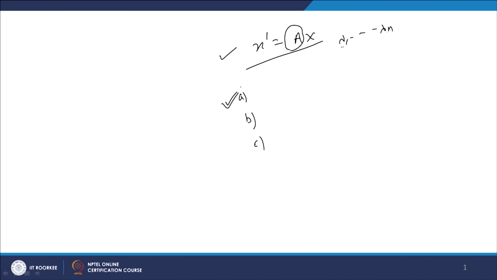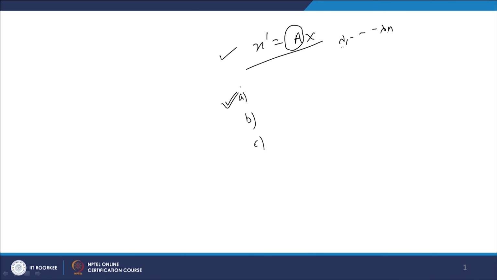And if the algebraic multiplicity of any eigenvalue with 0 real part is strictly greater than the geometric multiplicity corresponding to that eigenvalue, then any solution of x dash equal to Ax is going to be an unstable solution. So, we have discussed part 1 in the previous lecture.